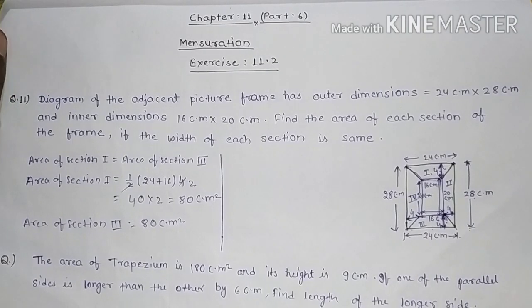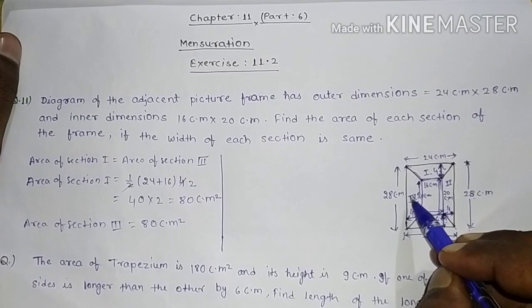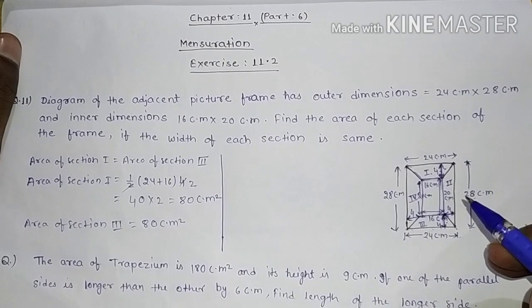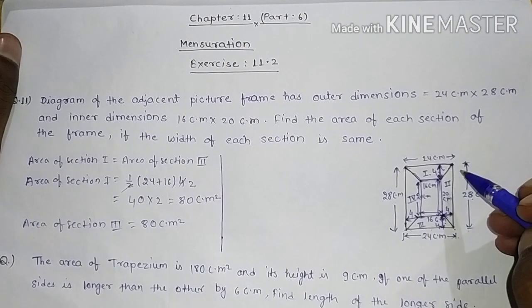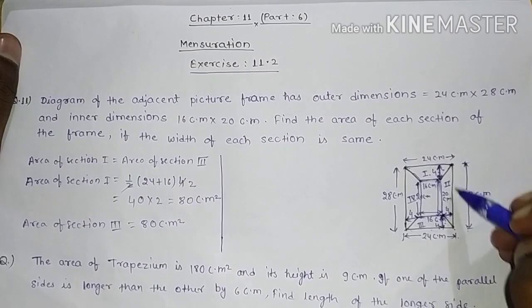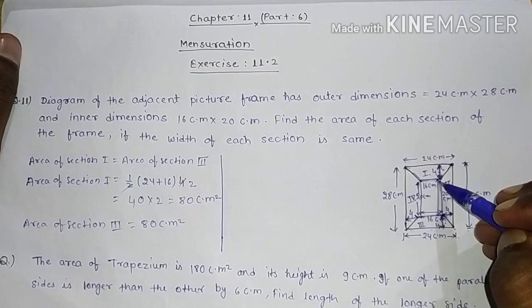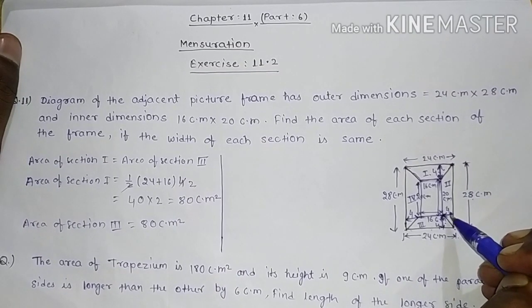Now the area of the second section and the fourth section is in the shape of a trapezium. For the second section, the sum of parallel sides is 28 centimeter, the outer dimension, and 20 centimeter, the inner dimension, and the width is 4 centimeter.